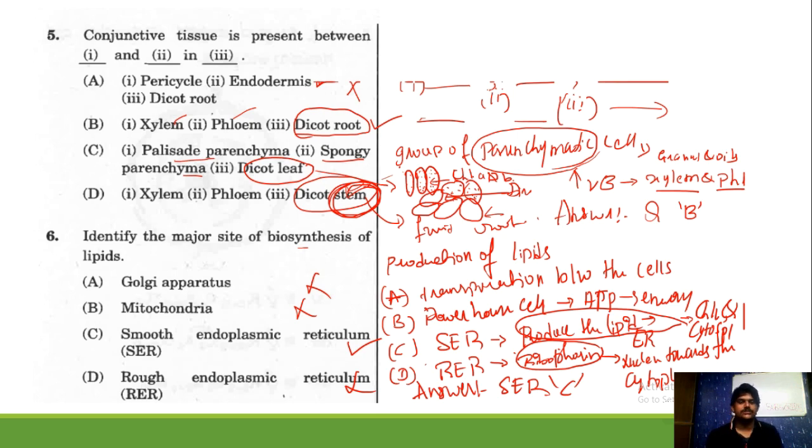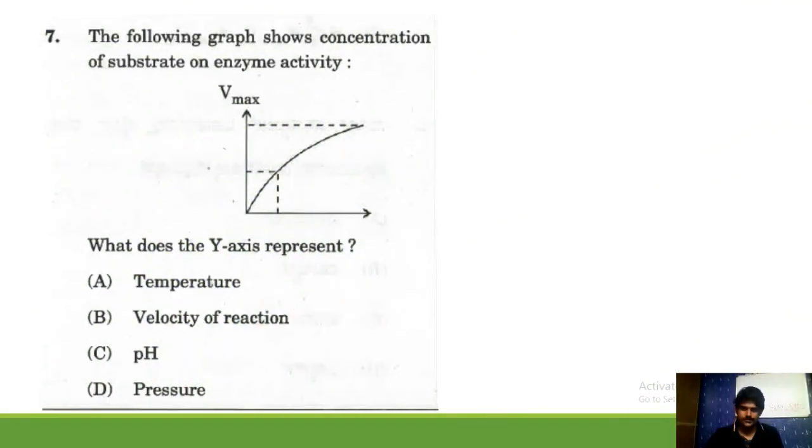Okay, so those are the two questions. Now the seventh question, the graph we are looking at. The question says the following graph shows the effect of substrate concentration on enzyme activity. It means how the concentration of substrate is going to act on the enzyme reaction.